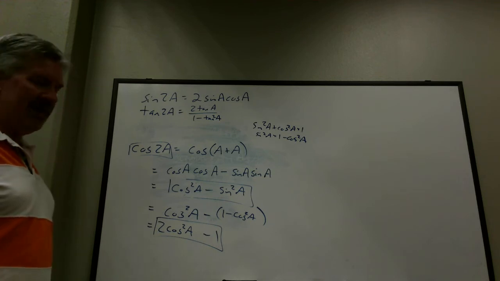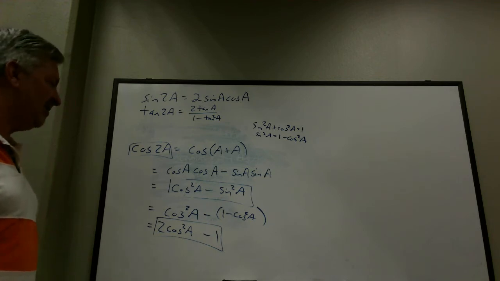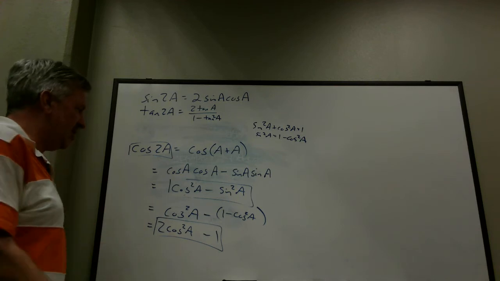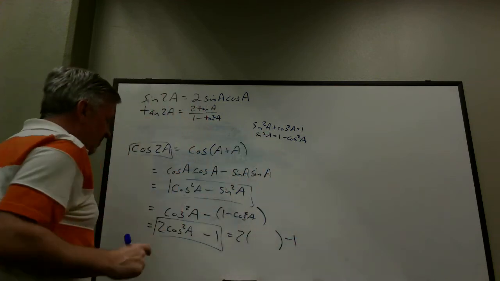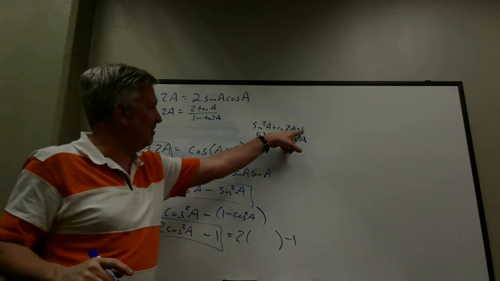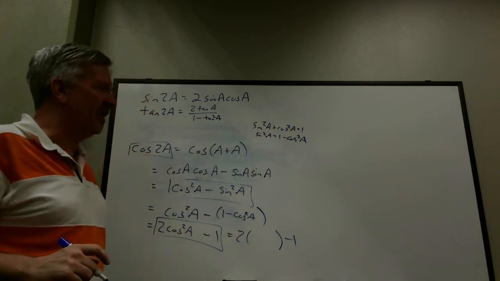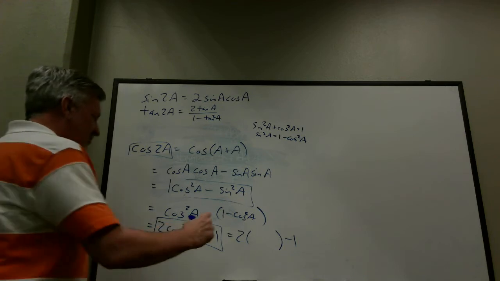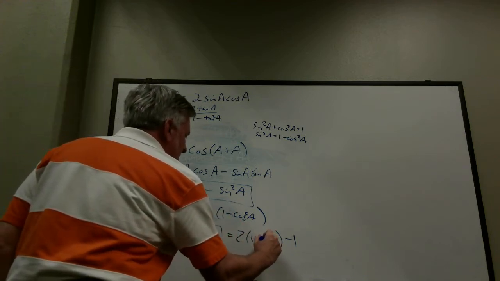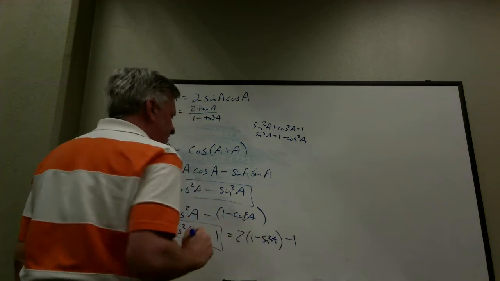Okay? Now the last one just has sine squareds in it, so if I continue from here, we can do the same game we did here. If you subtract sine squared from both sides, you'll get cosine squared a is 1 minus sine squared a. So I can replace this cosine squared a with 1 minus sine squared a. Right?